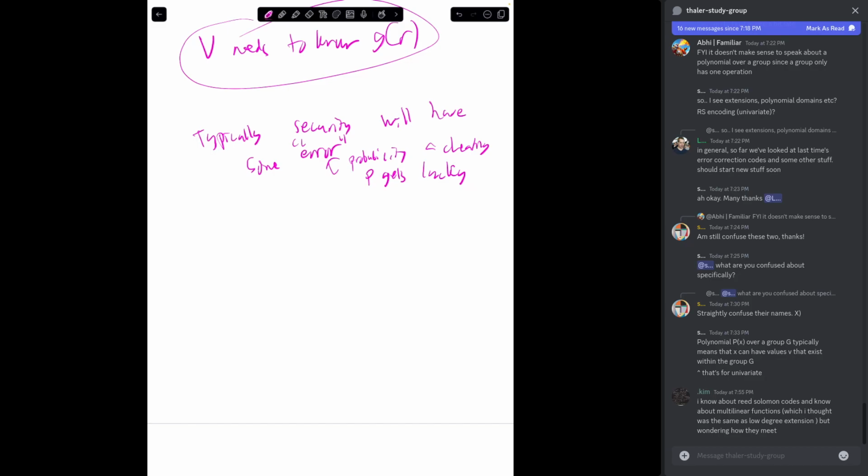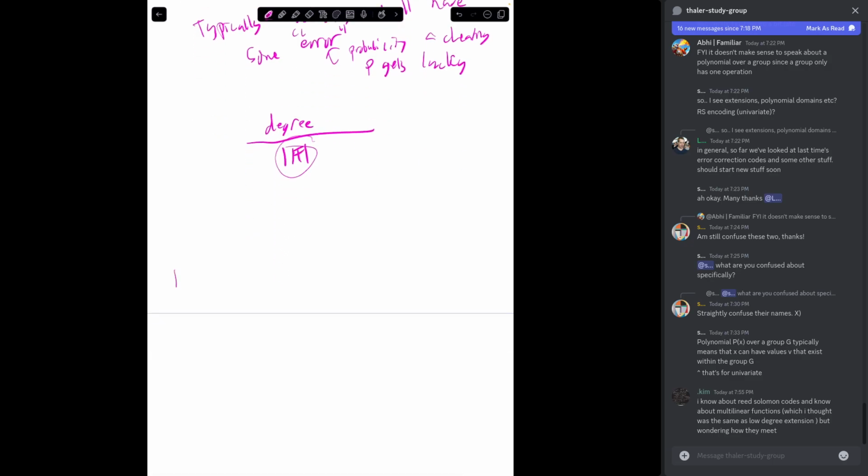This error term will almost always be just the degree of some polynomial arising in the protocol over the size of some set or some field that the protocol works over. So again, it's not always the whole field. Like in FRI, the prover does have to write down the whole encoding. So we have some message again, which is typically all the gate values in a circuit or something, and we have to write down the low degree extension encoding of the message. That's exactly what FRI does.